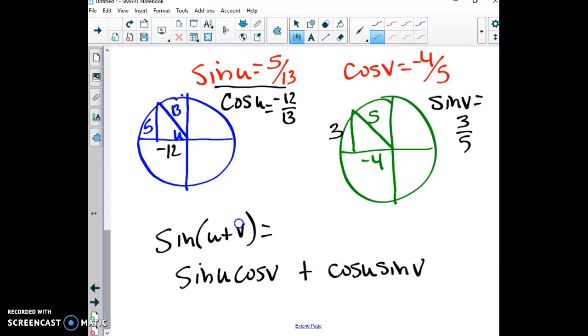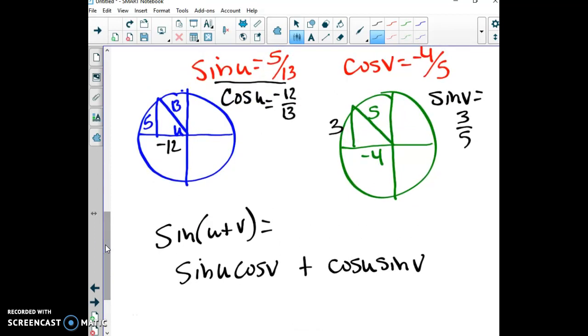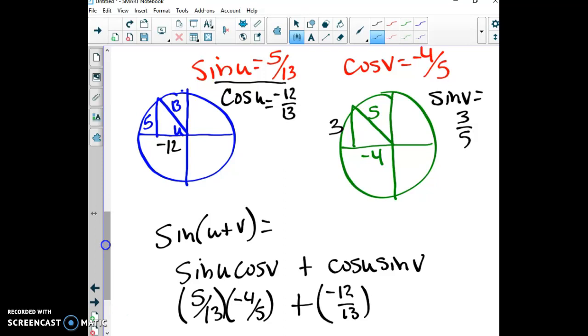So we're simply going to write those out. Sine u, 5/13 times negative 4/5. Cosine u, negative 12/13 times sine v, 3/5.